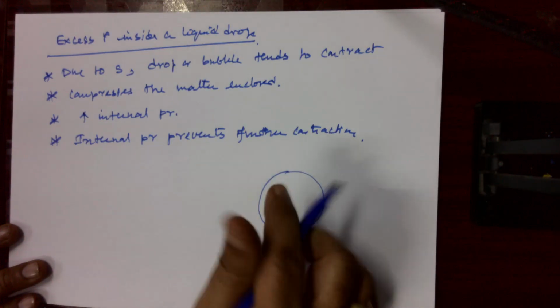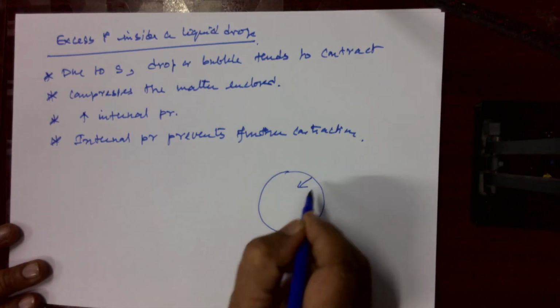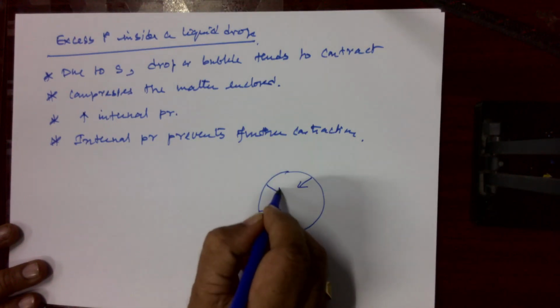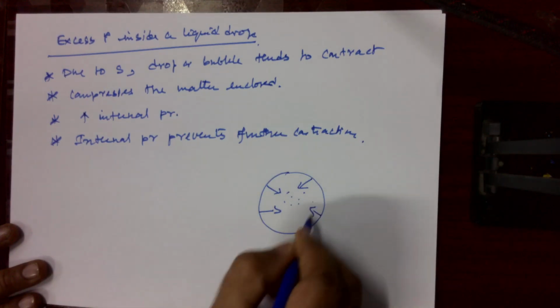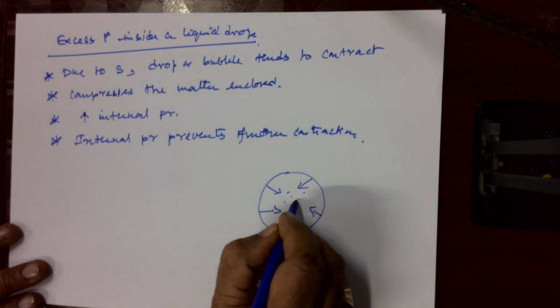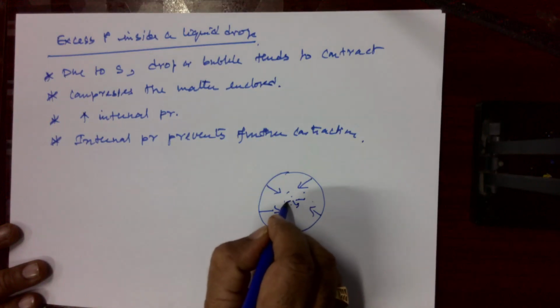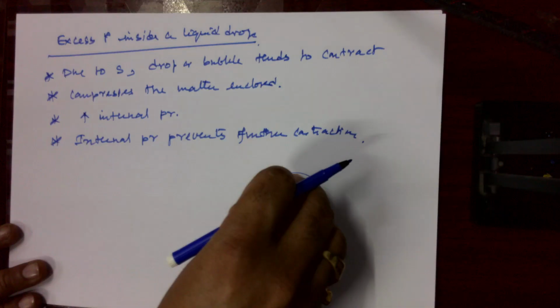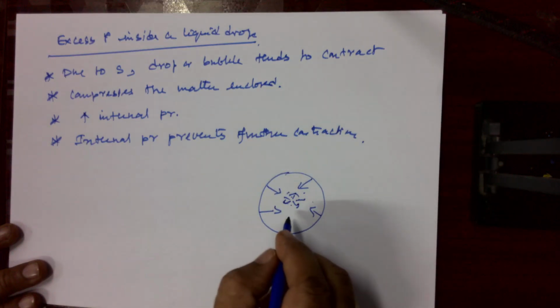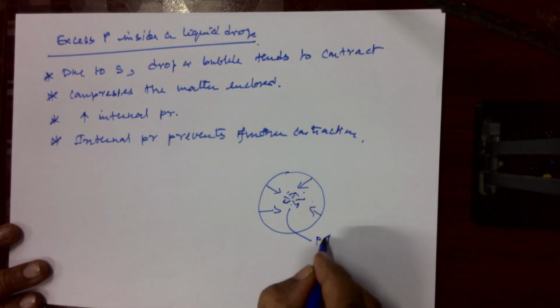The surface tension increases and they try to compress the matter inside. Are you able to follow? And the matter encircled by this bubble tries to repel each other, and it prevents further shrinking of this size. That is why an internal pressure is developed.